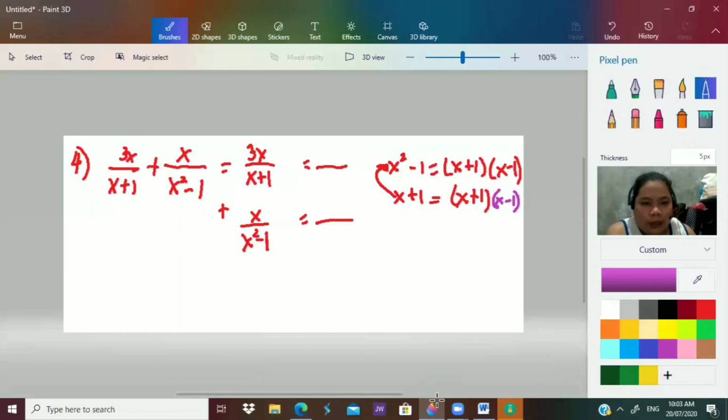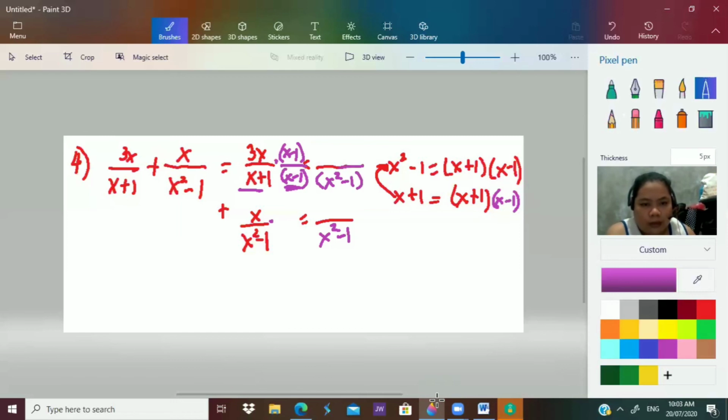So si x plus 1, magta-times tayo dito ng x minus 1 times x minus 1. Then, ito, wala. Wala tayong gagawin dyan. So this is just simply x squared minus 1. So ito, x plus 1 times x minus 1 is simply x squared minus 1 also.